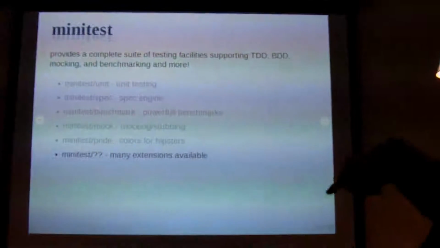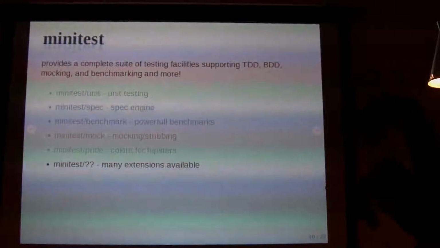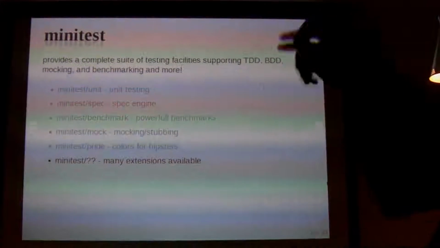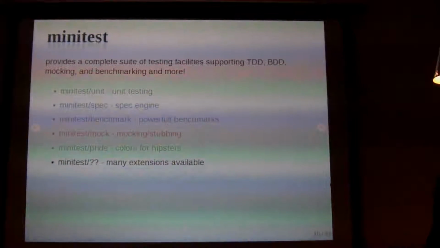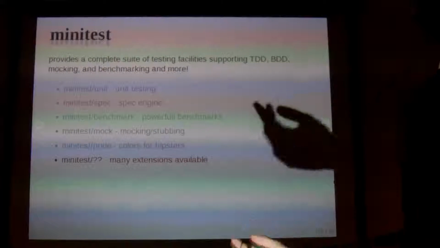There are hundreds of extensions around. So usually when you need something in minitest, somebody has already written an extension, and you just need to search GitHub or something and you will find it. For example, we wanted Jenkins to produce JUnit XML that Jenkins can then display. There's a plugin in minitest for that, so you just require the plugin and you get this XML back.